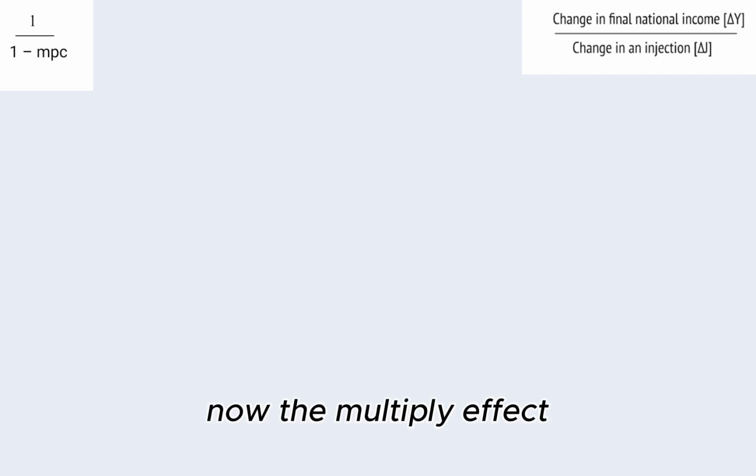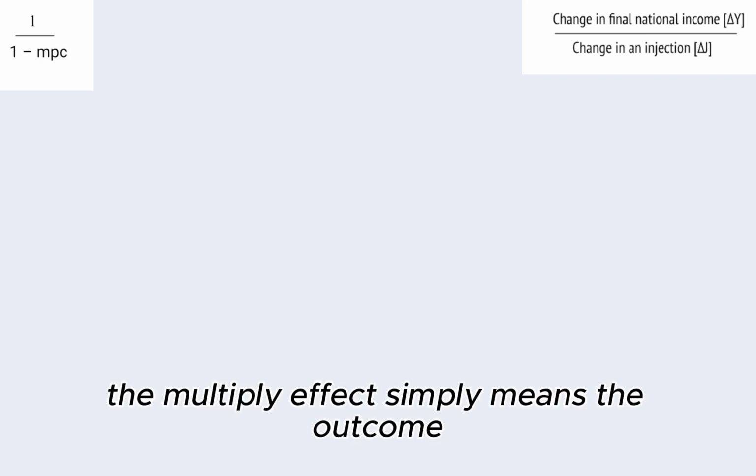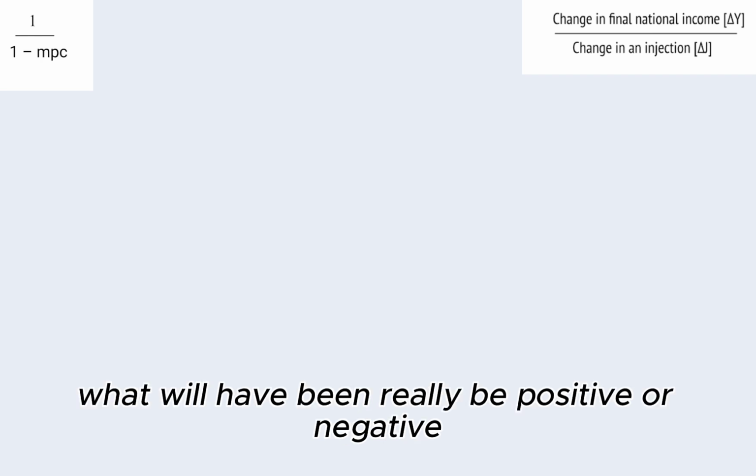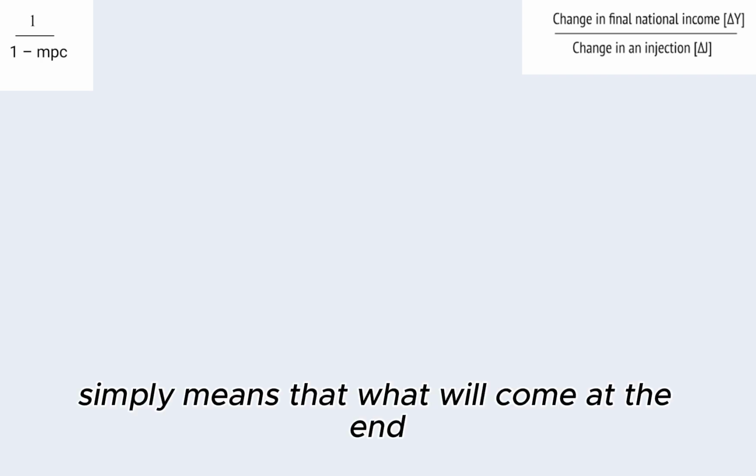Now, the multiplier effect. The multiplier effect simply means the outcome of the multiplier. The outcome, what will happen? Will it be positive or negative? It simply means what will come at the end.